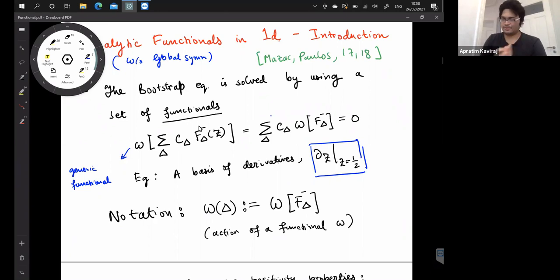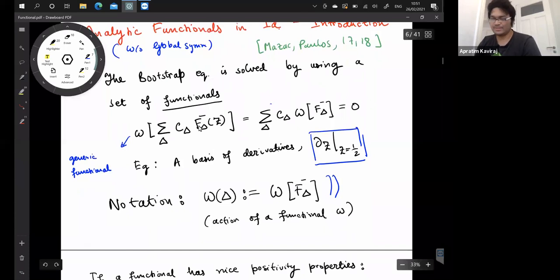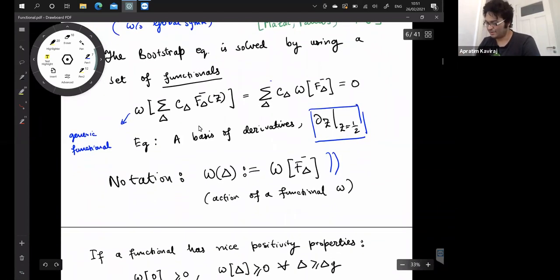When the functional omega acts on the bootstrap vector F minus, it gives you a number, a function of delta, and I will denote this simply by omega delta. Please remember this, because it will appear several times in the talk.